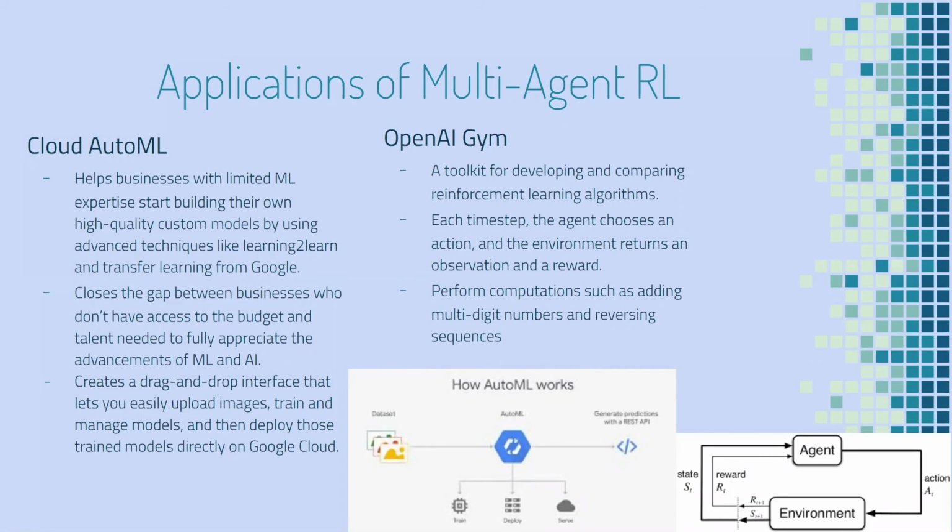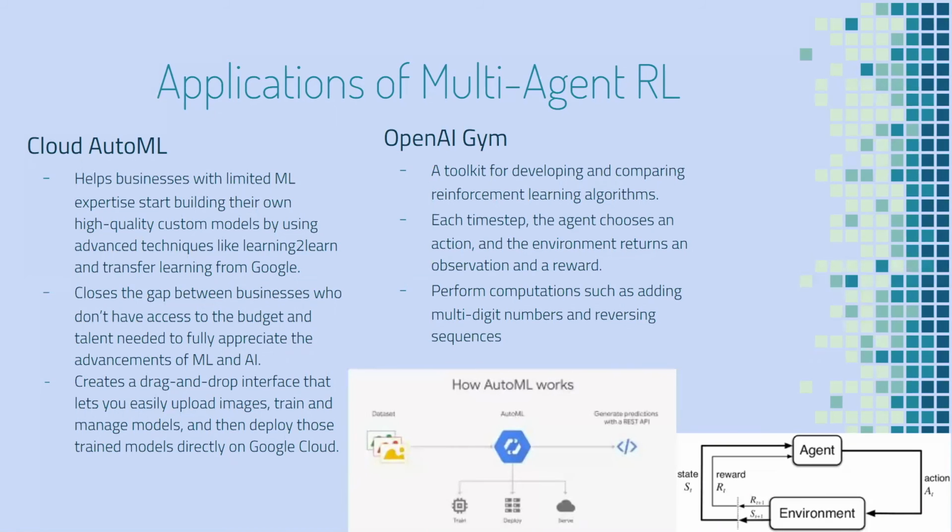As you can see, there are many different ways that reinforcement learning can be applied to everyday life. Some I'll talk about will be Cloud AutoML, which essentially helps businesses with limited expertise or funding for advanced uses of ML and AI.